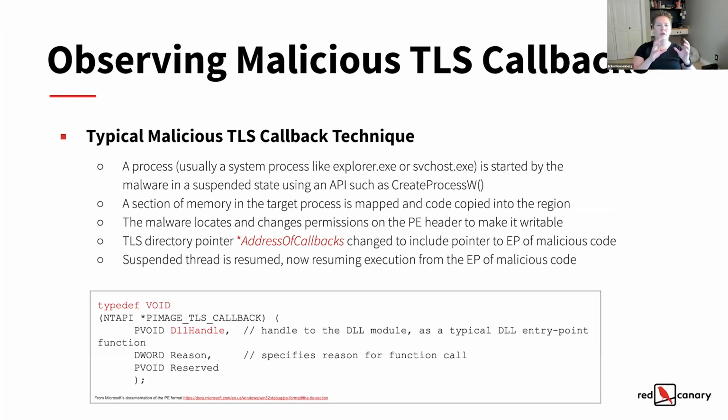And then it writes a pointer to the entry point of this injected malicious code to that address of callbacks in the TLS directory, and then it'll resume the thread after that. So what this accomplishes is now, instead of execution continuing to the original entry point of the PE, it's instead going to resume at the entry point of the malicious code that has been added to that TLS callback array.